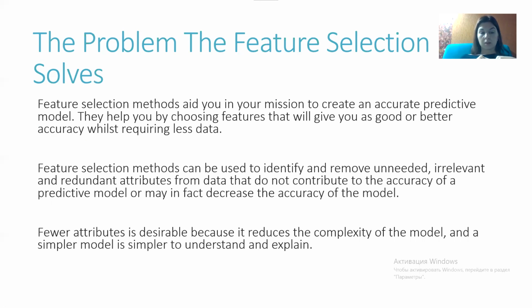Fewer attributes is desirable because it reduces the complexity of the model, and a simpler model is simpler to understand and explain. Explainable models are a new way now in the mainstream. We are trying to construct not a black box, but some explainable model for human beings.